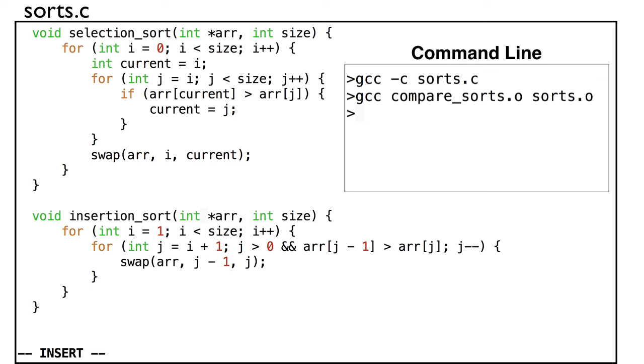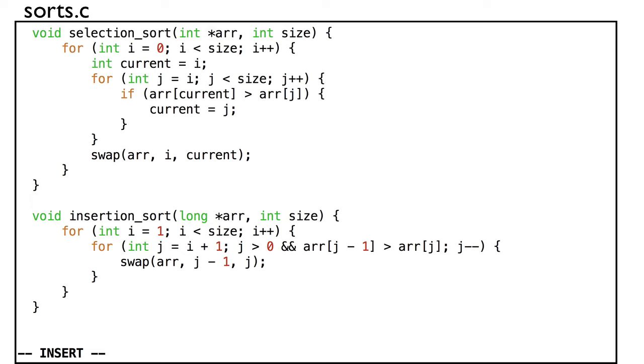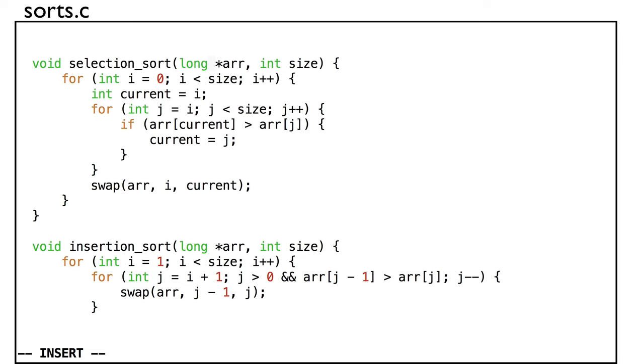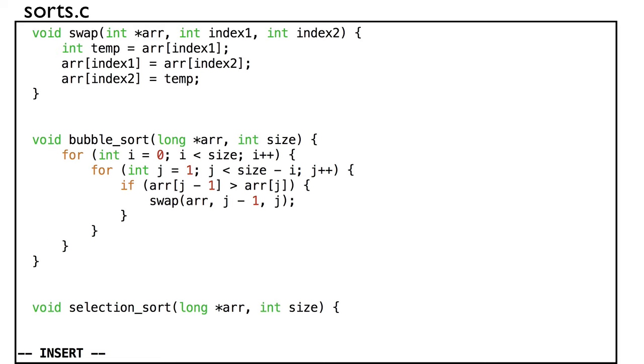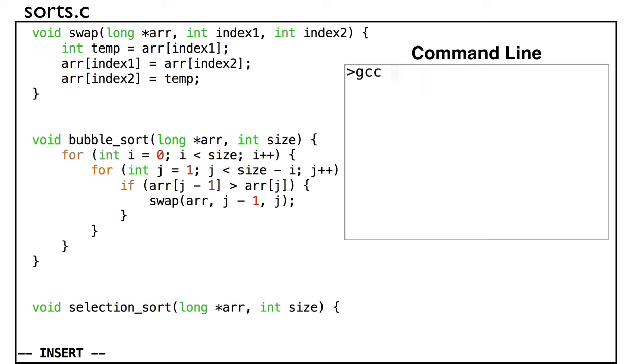I've been on projects where building the program from scratch took over an hour. But separate compilation also has some issues. Maybe I'm working in the file of sorting algorithms and decide that my sorts should operate on longs rather than on ints. This change happens in sorts.c.